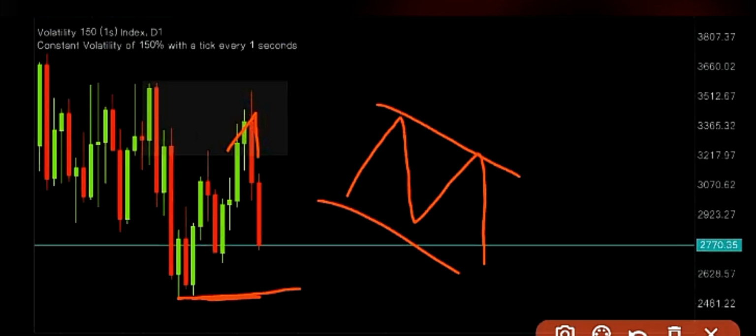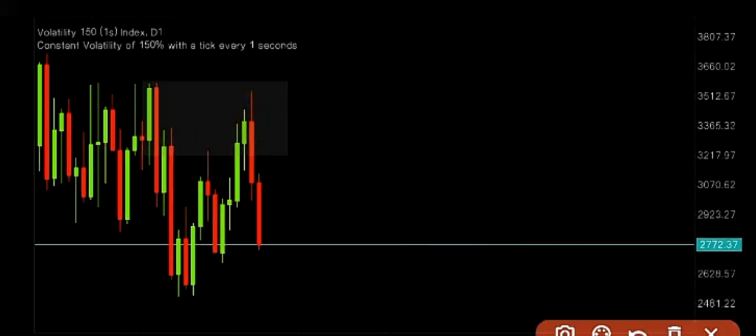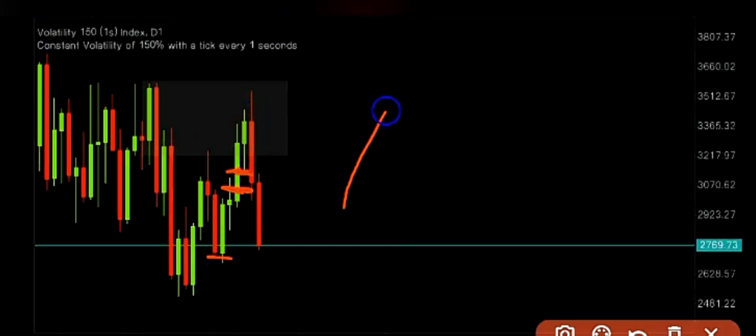Just looking at this idea, this is the daily time frame. You can go to the next time frame to see the market give a change of character over here or here. On the lower time frame, it can look something like this.